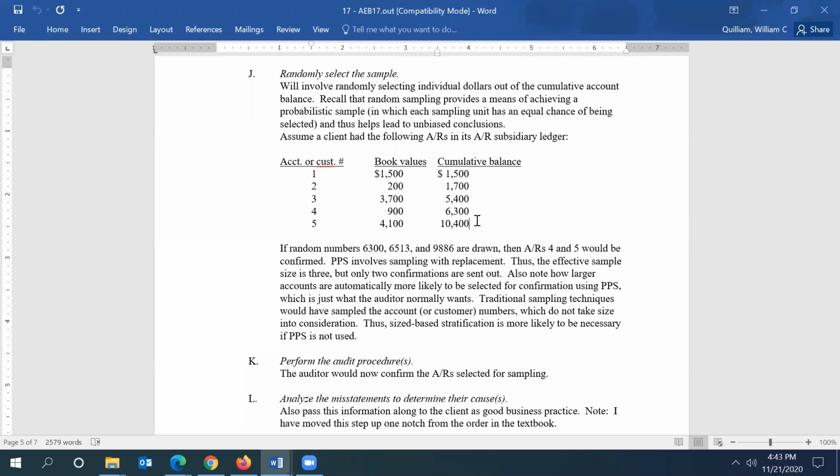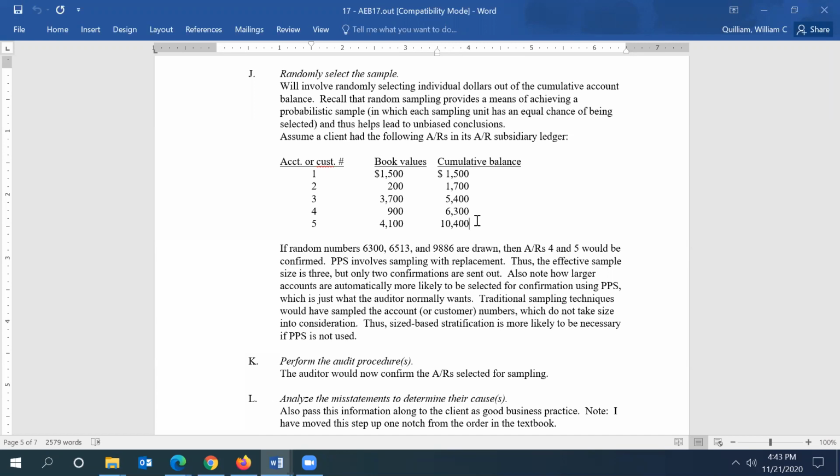So why did we do that? Well, the next sentence tells us. Because PPS involves sampling with replacement. Normally we sample without replacement, meaning that we draw that sampling unit out. However, PPS samples with replacement. So, thus, the effective sample size is 3, but only 2 confirmations are sent out. That's okay. Effective sample size, 3 random numbers.